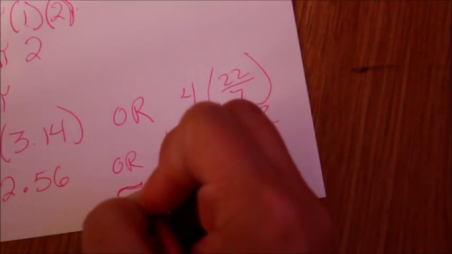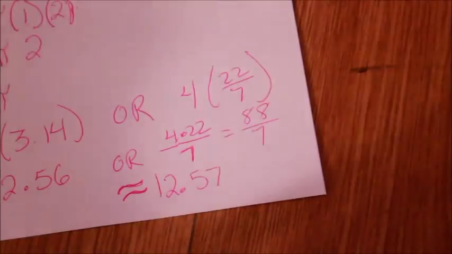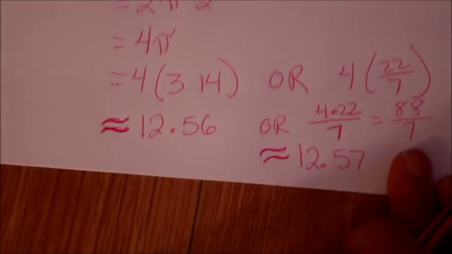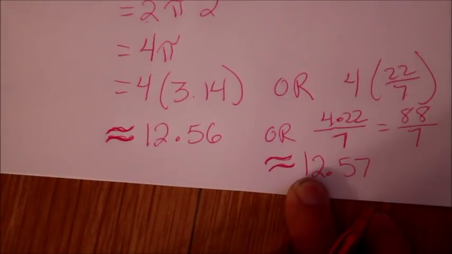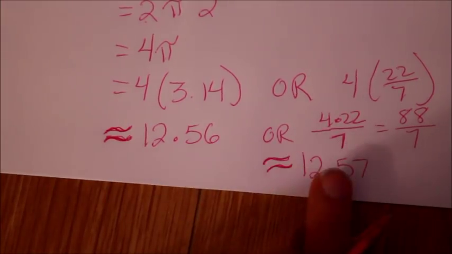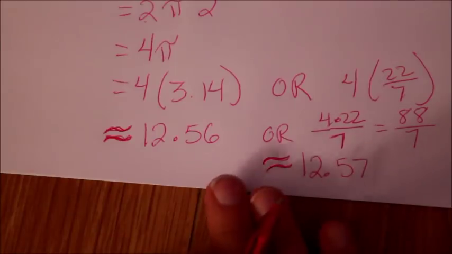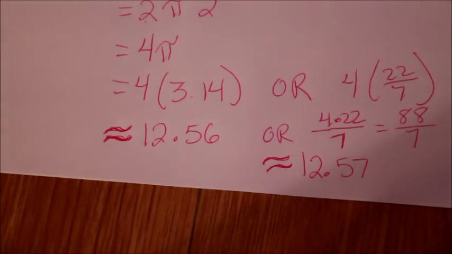Because it's approximate and both numbers are rounded off, I would say that yes, those are really, really close. And had we rounded them, this would round up to 13 and this would round up to 13. So both numbers would be the same.